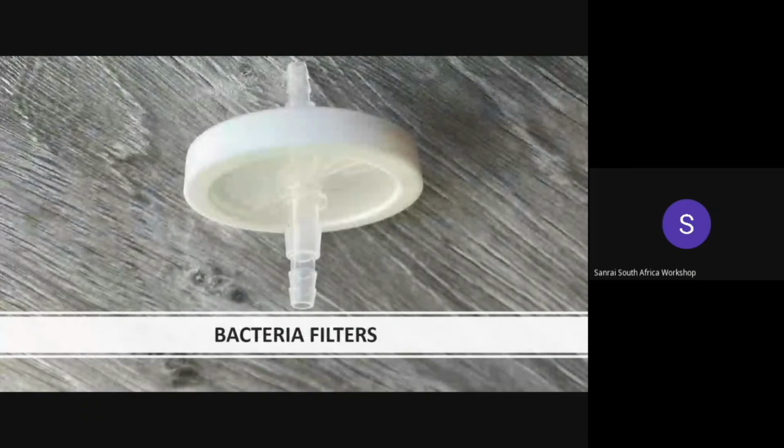Next, we have the bacteria filter, also known as the microdisc filter. This is on the final stage of the filtering system before the oxygen is delivered to the patient. This filter filters any bacteria that may still be in the system after all the filtering stages.